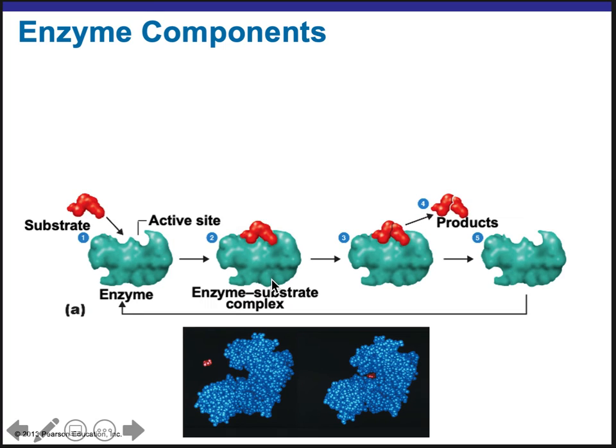And again, because the orientation is perfect, and for other reasons that we won't discuss in this class, it lowers the activation energy. So when you take biochemistry, if you are getting a 4-year degree, you will probably take biochemistry, and then you'll add on to what you're learning now.